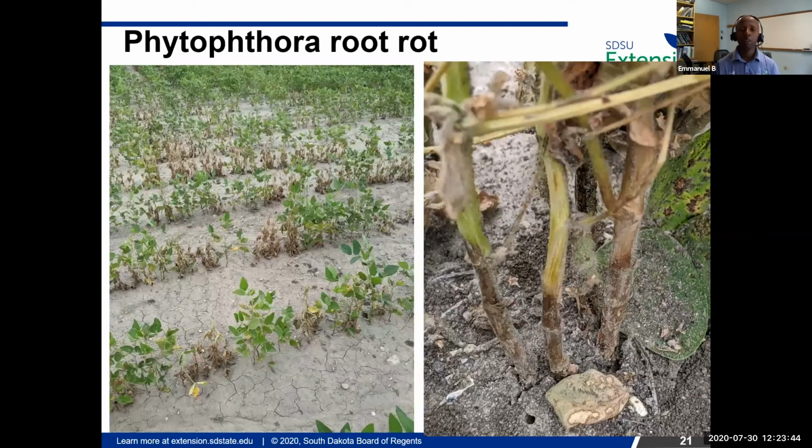Phytophthora is pretty common. In fact, this picture was taken yesterday somewhere in Hutchinson County. This disease, you're likely to see it in low spot areas or field entrance areas where you have some water, excessive soil moisture.